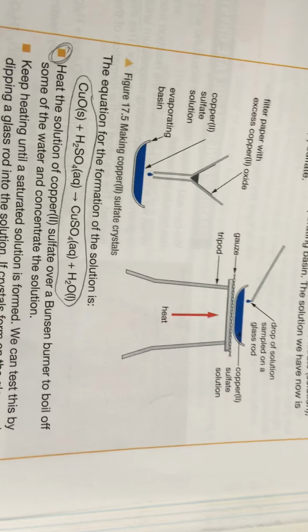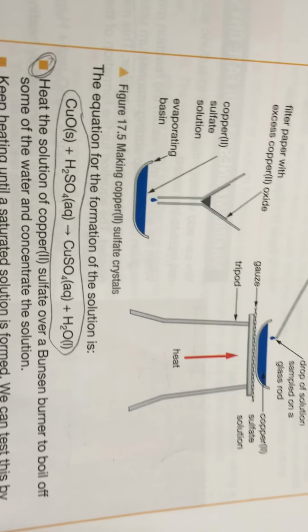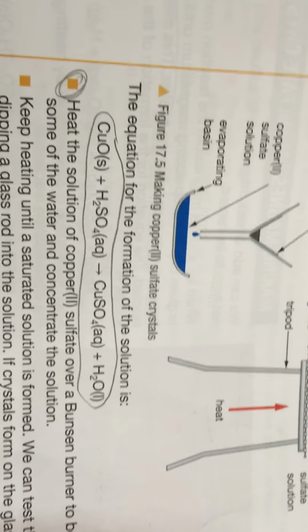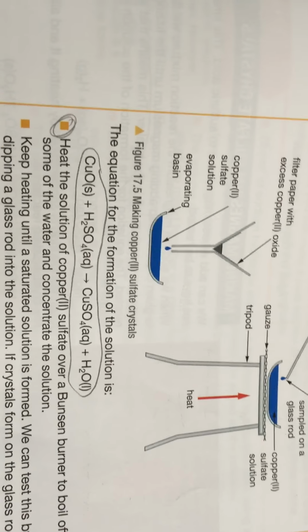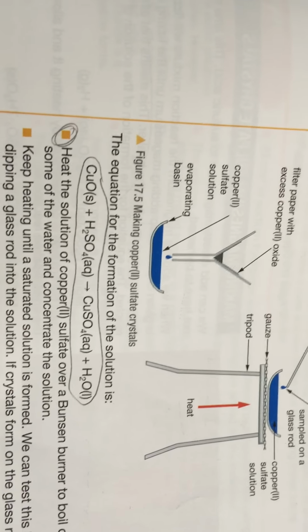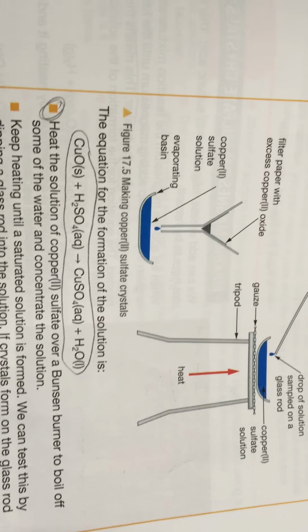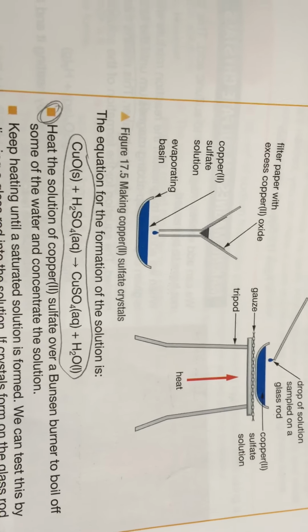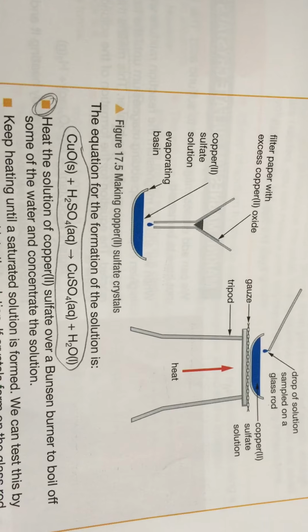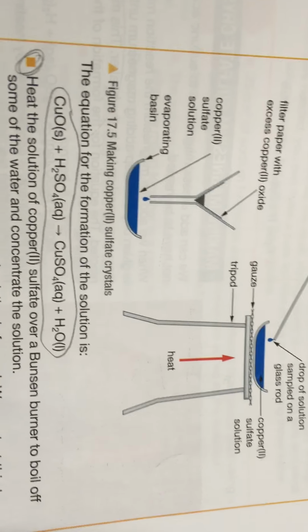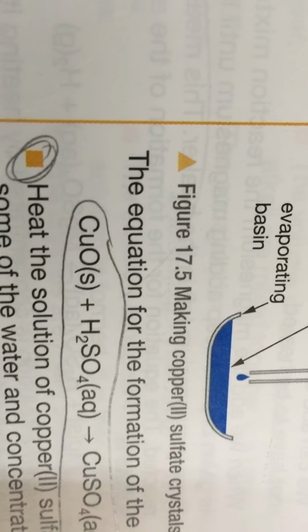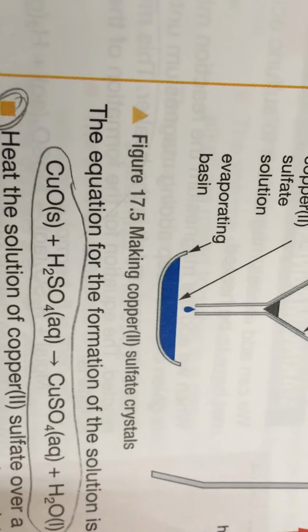Okay, here I'll add excess copper oxide. Why excess? To be sure that all the acid is used up. And how can I remove this excess copper oxide? By filtration. Because for any soluble salt except sodium, potassium, ammonium, we can add excess metal oxide or metal hydroxide or metal carbonate or the metal itself if the metal is reactive.